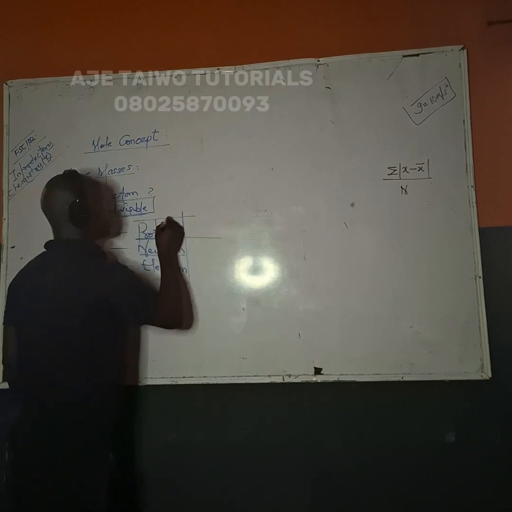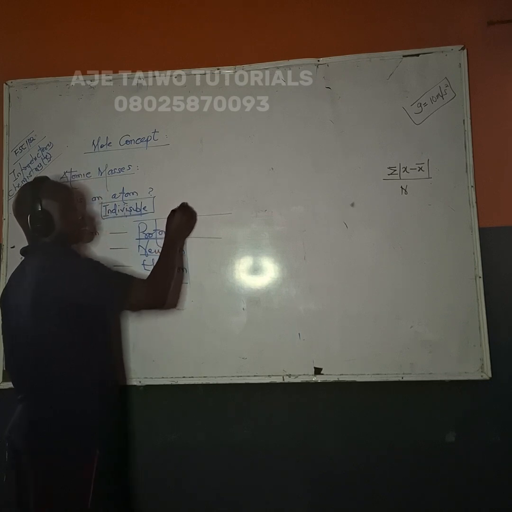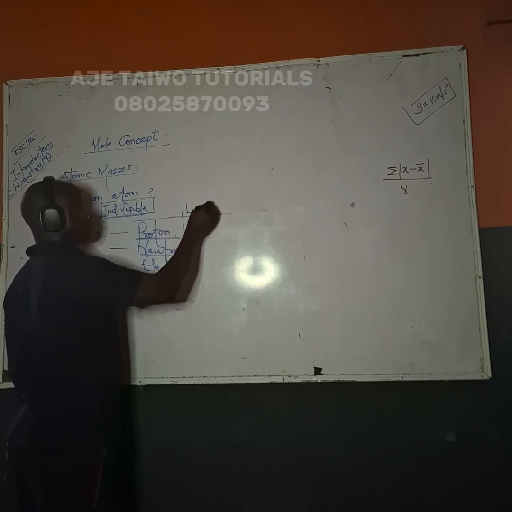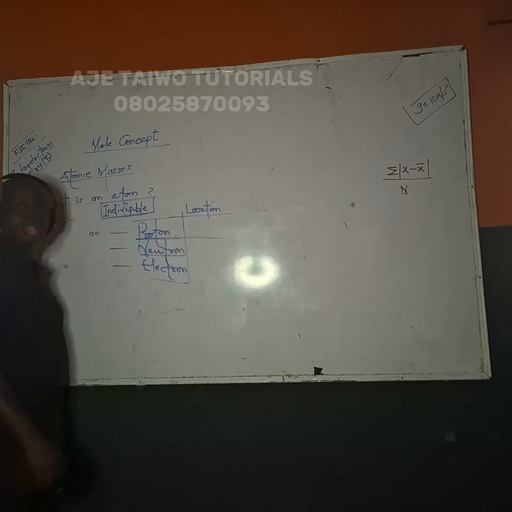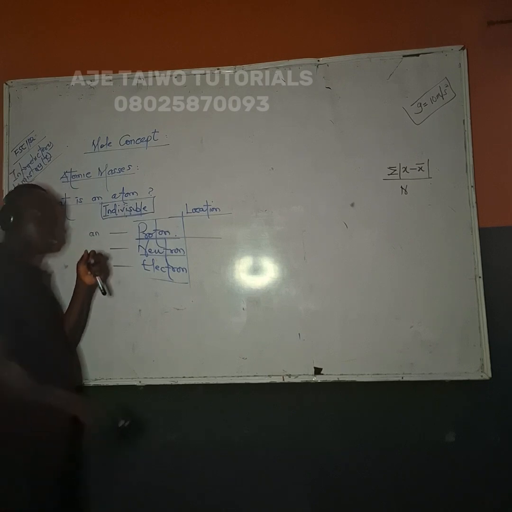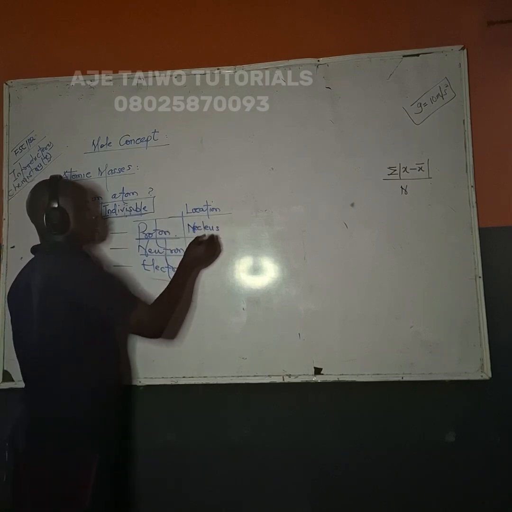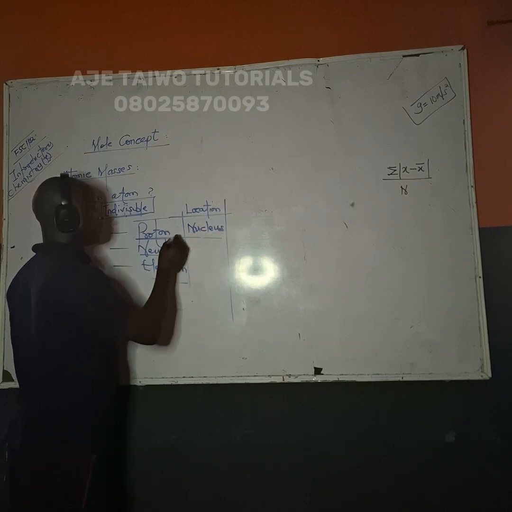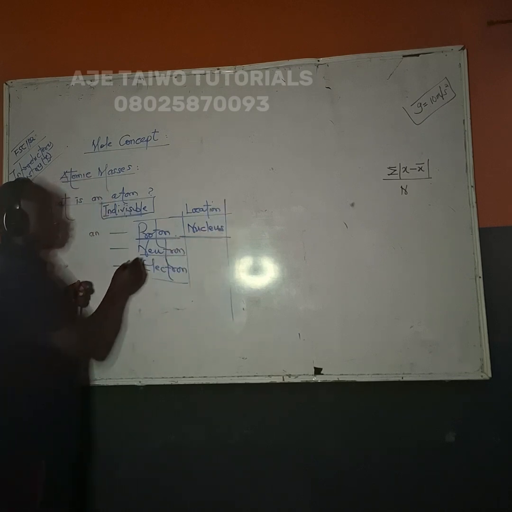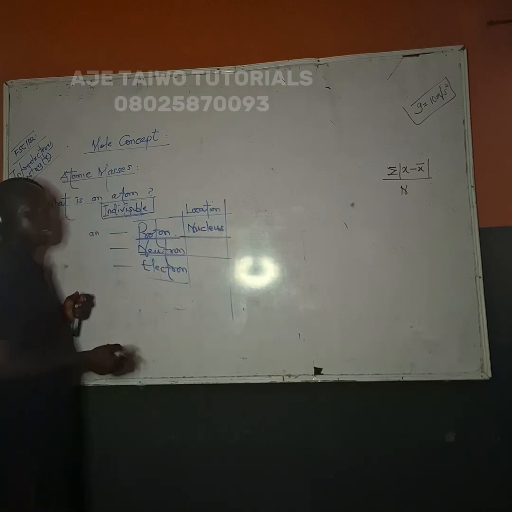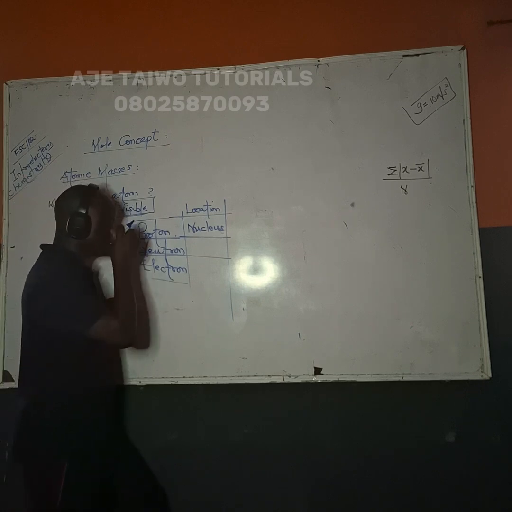Where is the proton found? Where is the location of the proton? We find proton in the nucleus. Can you help me to spell nucleus? Where is the neutron found?